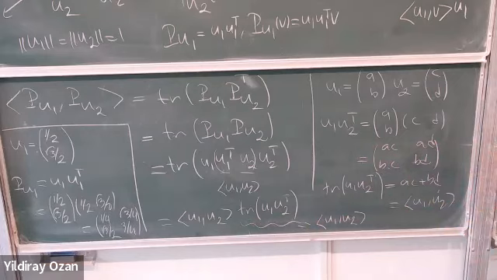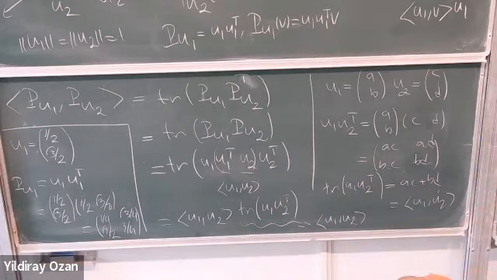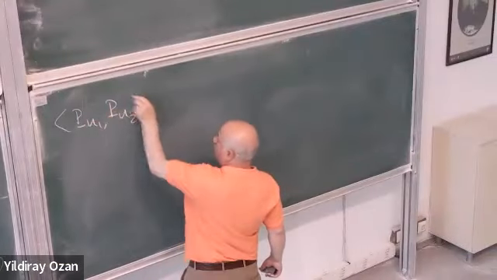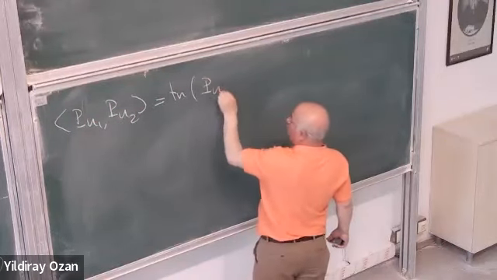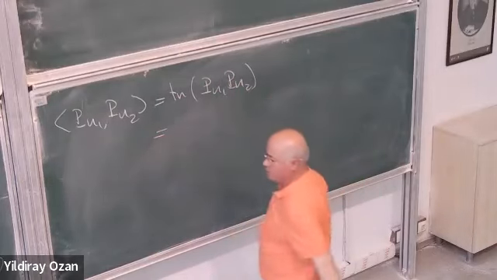Therefore, the inner product of PU1 and PU2, that's the trace of PU1, PU2. This is just what? No other.